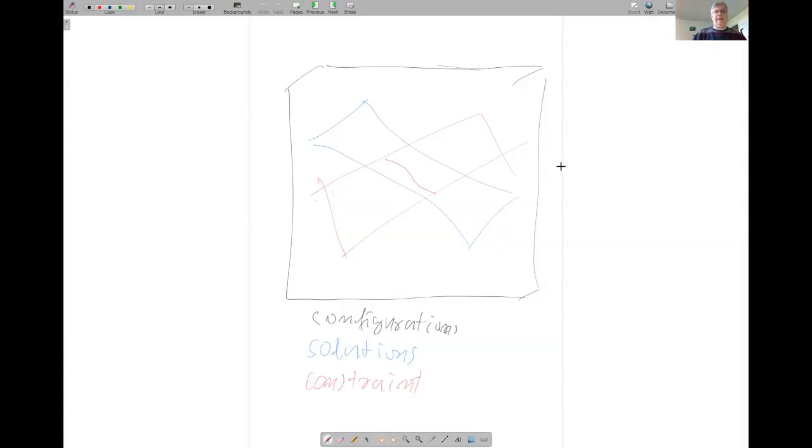So here in black, I've tried to indicate the space of all possible configurations. In blue, we then have the solutions to the equations of motion, but we also have to impose constraints, which are another subsurface in the space of all configurations. And what we then have to pick are those solutions which are also solutions to the constraints.